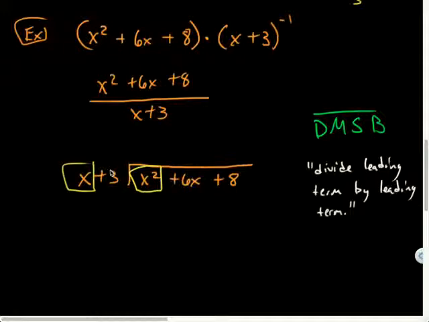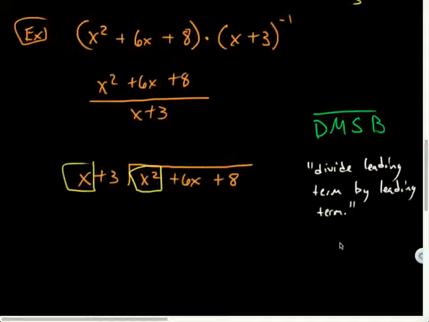Now, a lot of students get this first question wrong. What is x squared divided by x? Or I could also say, how many times does x go into x squared? And that's where people get it wrong because they're like twice. But it actually goes in x many times.